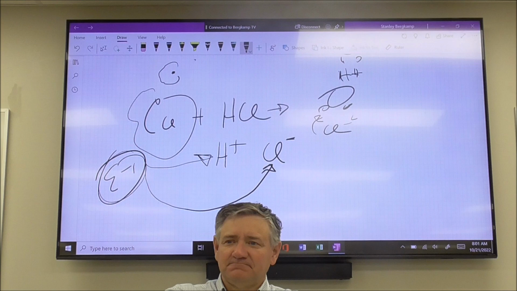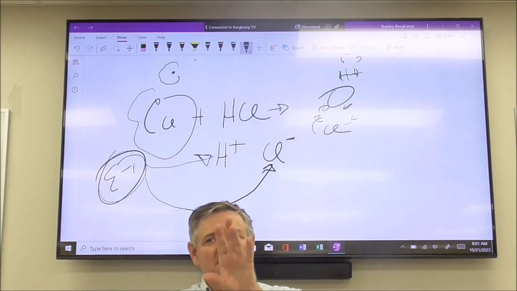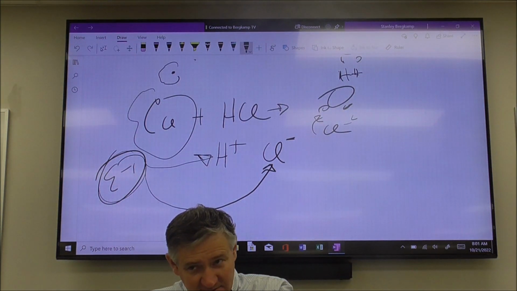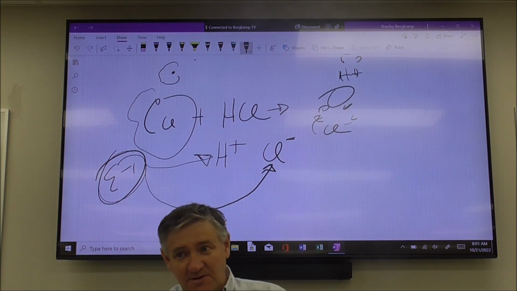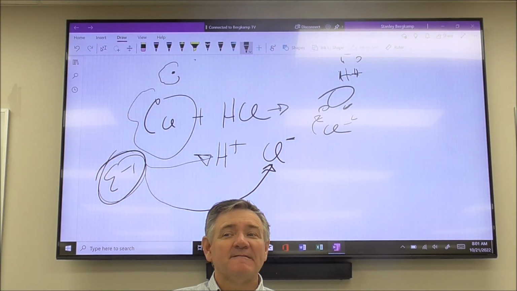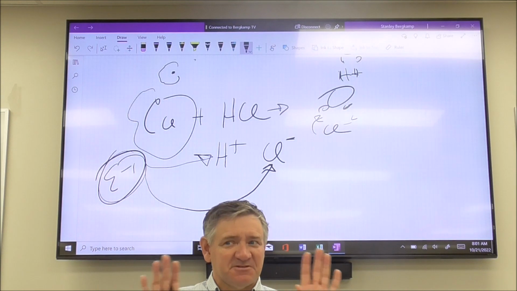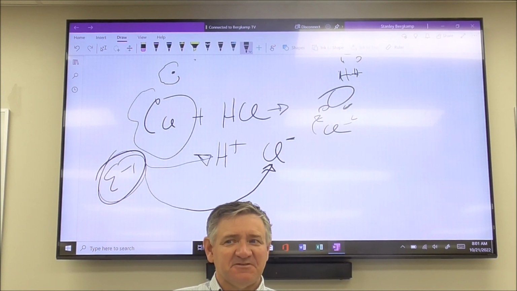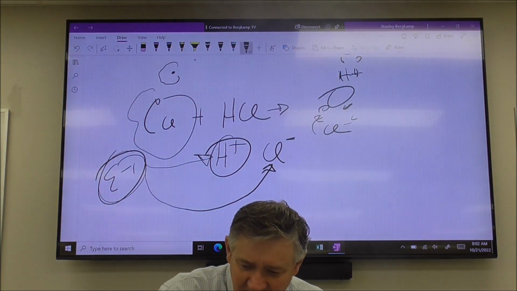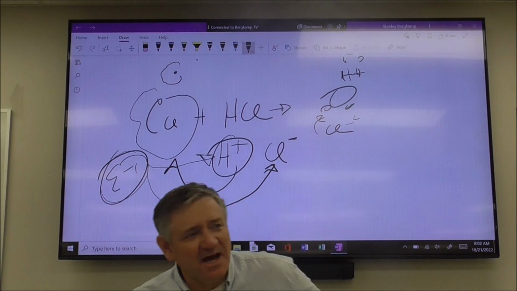Emma. Are those electrons going to be more attracted to the positively charged hydrogen or the negatively charged chlorine? Opposite charges. Remember that. What do opposite charges do? It's the hydrogen. Fantastic. So basically, the hydrogen comes along, and it comes up to the calcium.